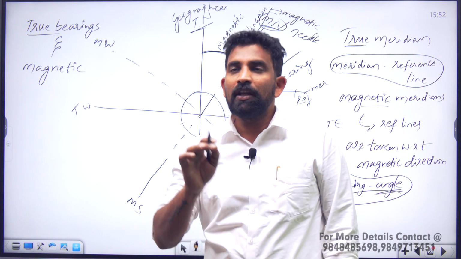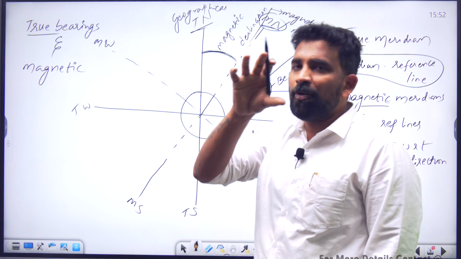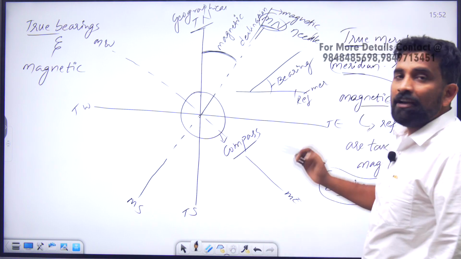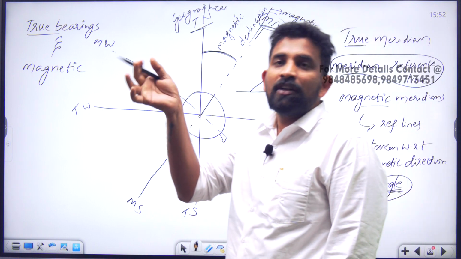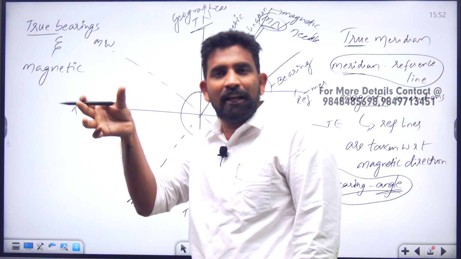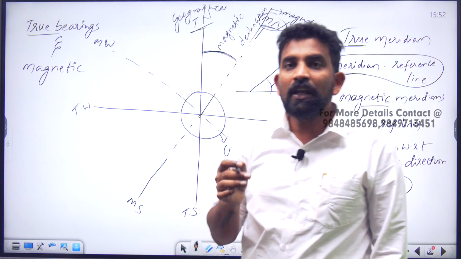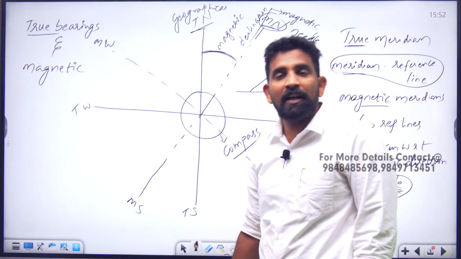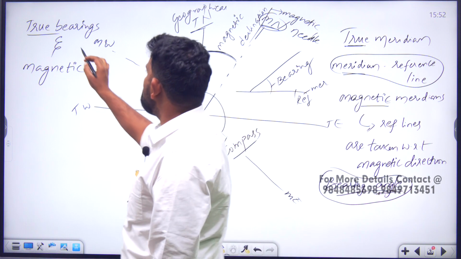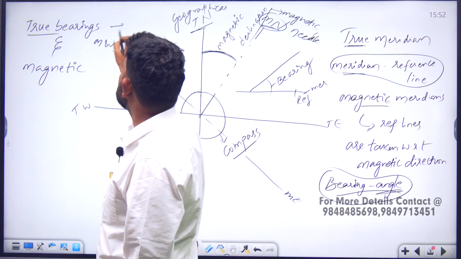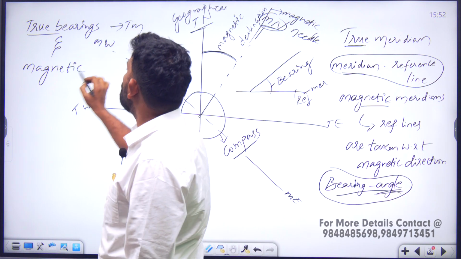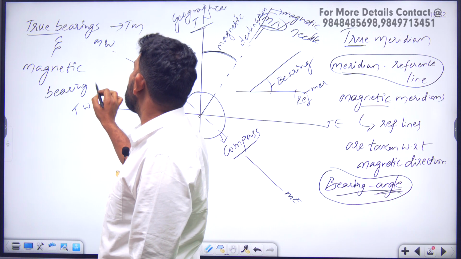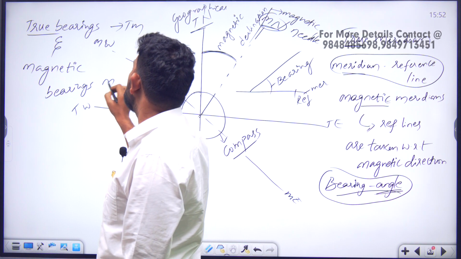Whatever bearing we are finding has to be taken with respect to some reference line, and that reference line is the meridian. So true bearings are taken with respect to true meridians, and magnetic bearings only with respect to magnetic meridians.